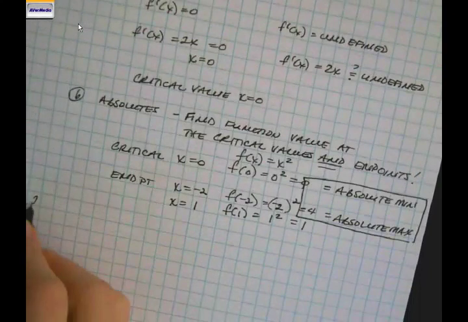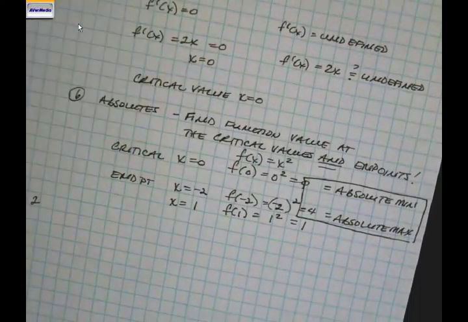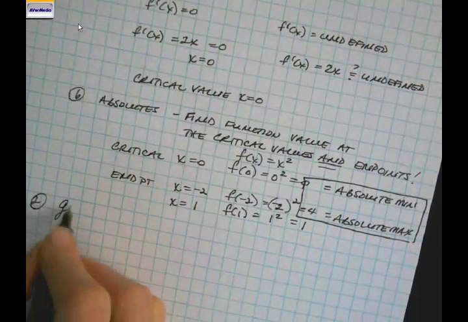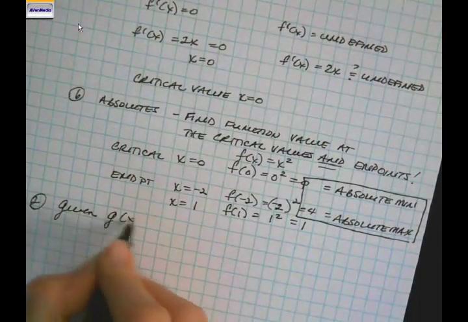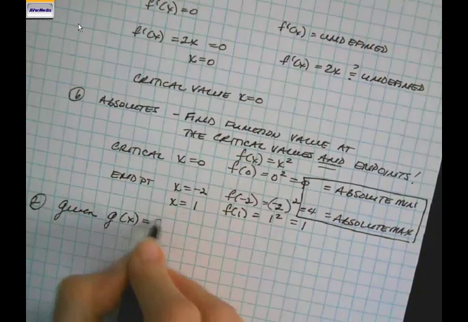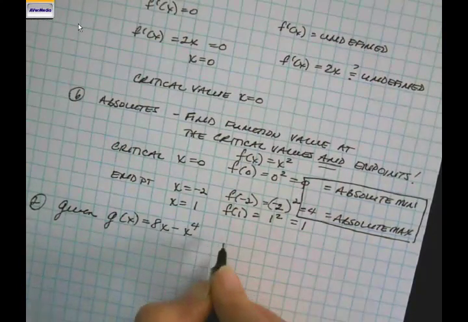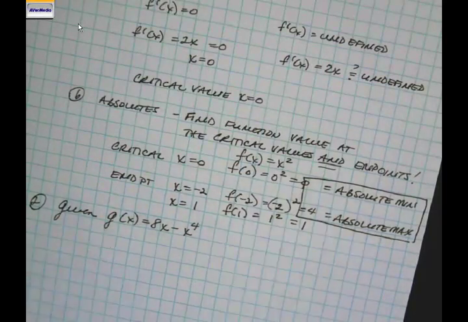Okay, so let's try another one. I really was detailed, very specific, because this can get terribly frustrating if you're not catching it. Suppose we're given that g of x is our function, and it's 8x minus x to the 4th, and they're limiting the domain, so we're losing all the end behavior business.